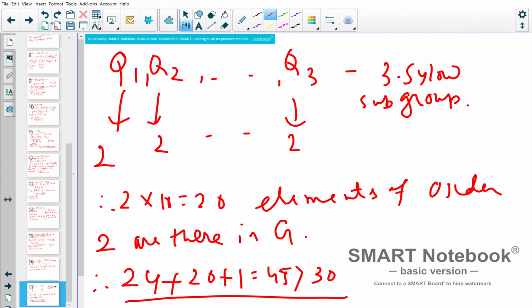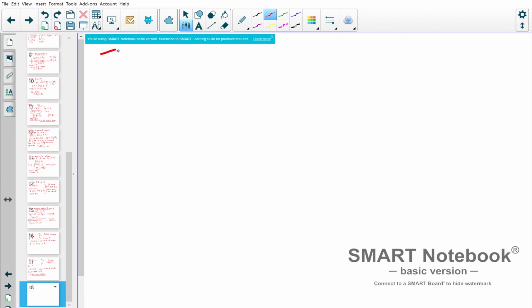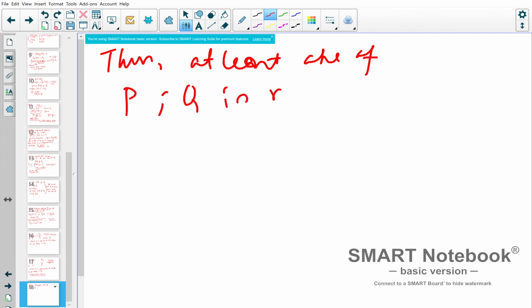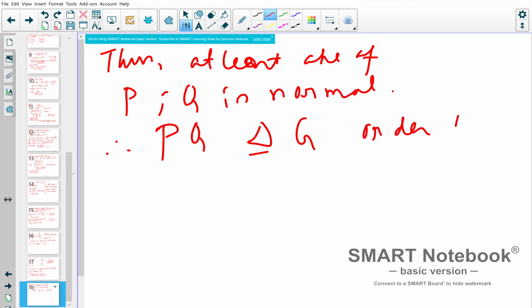Thus at least one of P and Q is normal, and hence PQ is a normal subgroup of G of order 15.